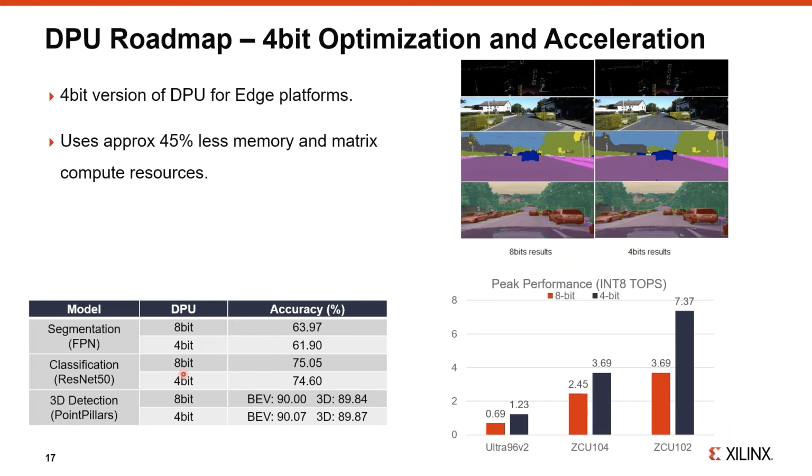The same again for classification. This is just a ResNet-50 on the ImageNet dataset. And then 3D detection for LiDAR applications using a PointPillars network. As you can see, going from 8 bits to 4 bits, there is some slight drop. Now you would expect going from 8 to 4, perhaps, to lose a large amount of accuracy or some other metric that you're using.